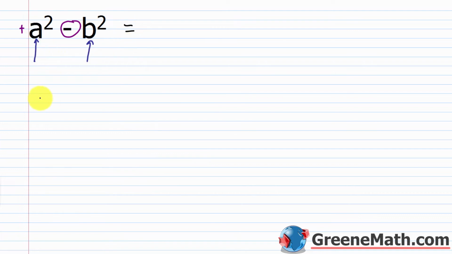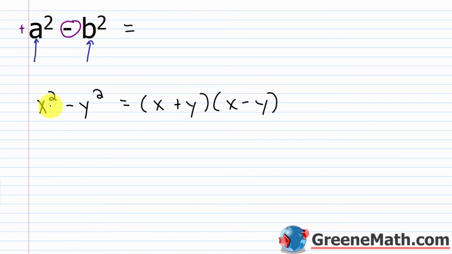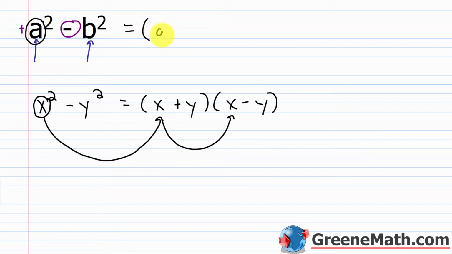Remember, when we had x squared minus y squared, this was x plus y times x minus y. So you can kind of think about it as, okay, what's being squared is going to go in the first position of each. So what's being squared here is the a, so that's going to go in the first position of each. And then notice your signs.